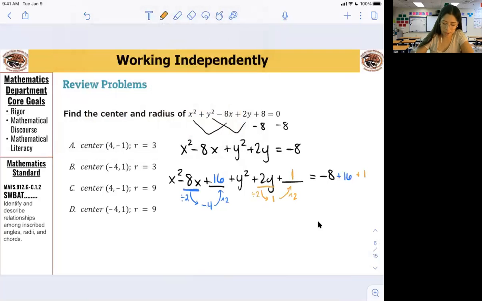And now I have my magic numbers. Don't forget that these magic numbers are going to be very important on the next step. Questions on completing the square? This step right here is the most important step. And first of all, if you haven't written this down yet in your notebook, then I don't know what you're waiting for. Please go ahead and write it down as we go through it. But does anyone have questions on completing the square?